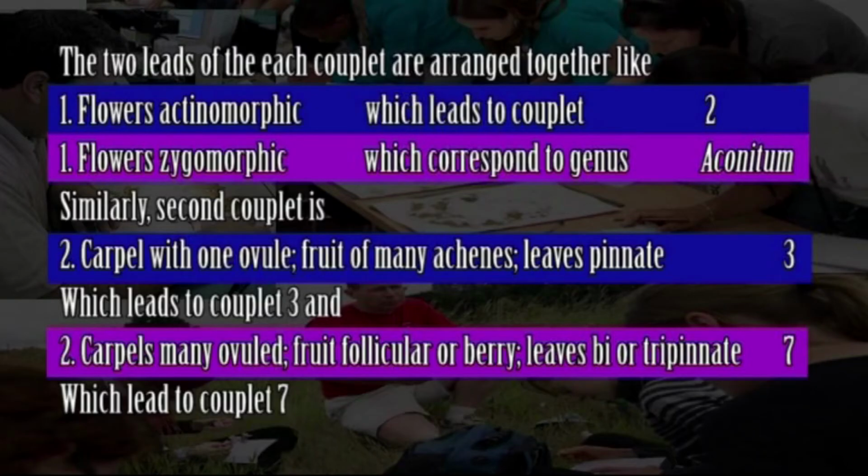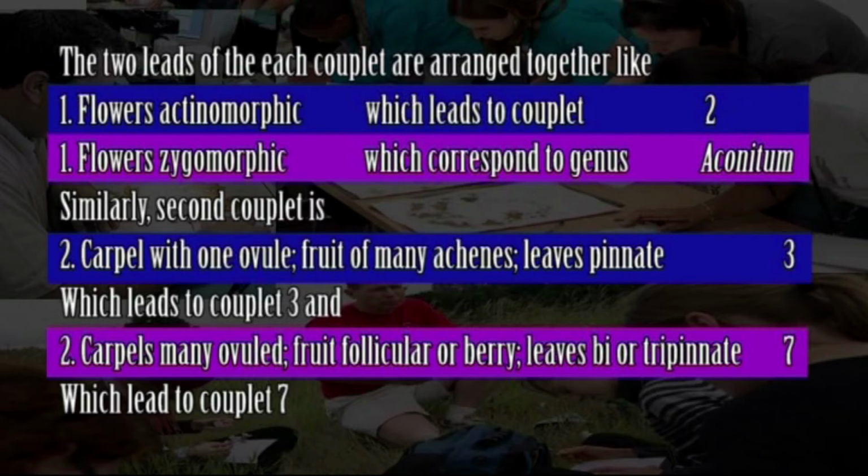In this type of key, it is easy to locate the alternate lead of the initial couplet and it also provides good space economy. Such a key is illustrated as: first couplet, flowers actinomorphic, which leads to couplet 2, and the second lead of the first couplet is flowers zygomorphic, which corresponds to genus Aconitum.